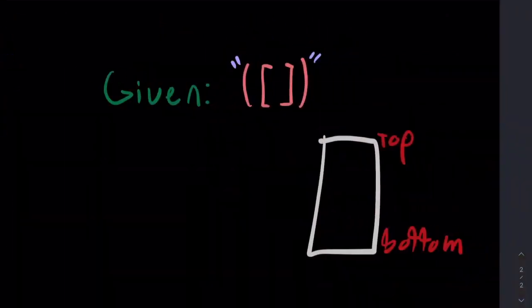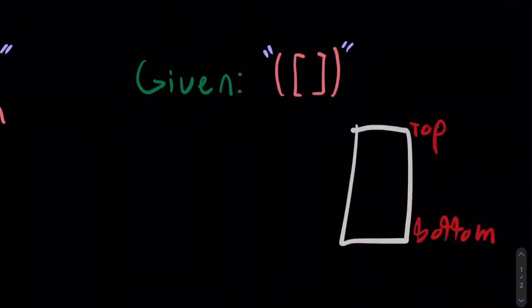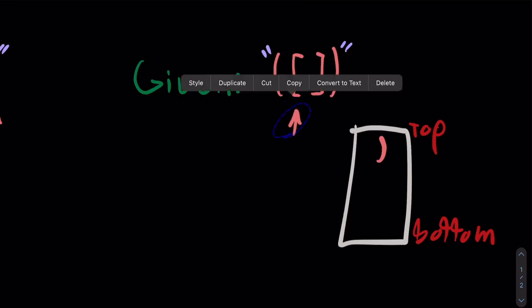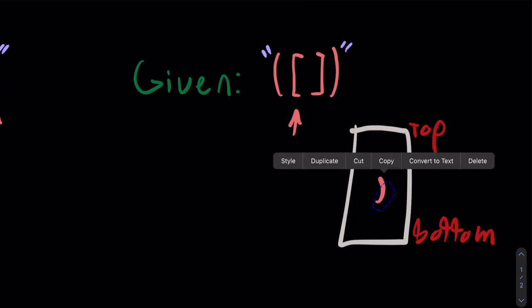Finally, we can do this example, which has nested brackets. The first character we see is an opening parentheses, so we push a closing parentheses onto the stack. The next character we see is an opening bracket, so we push a closing bracket onto the stack.